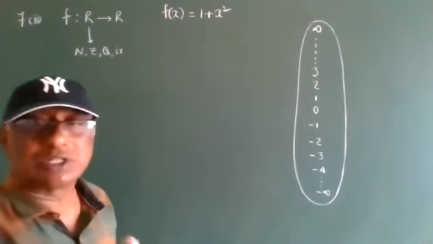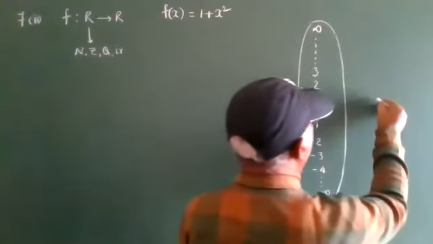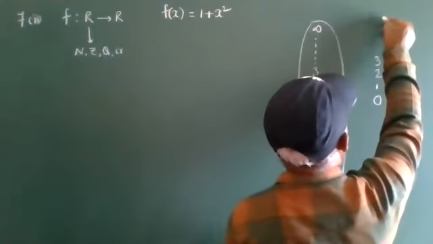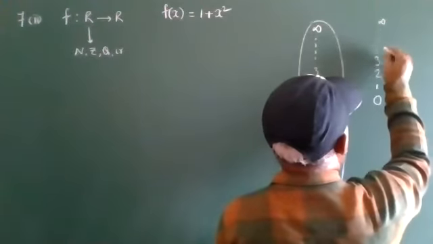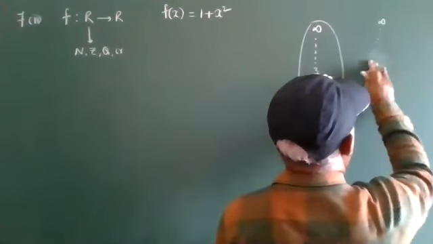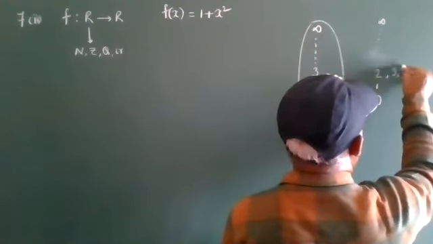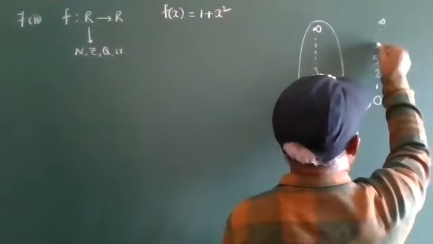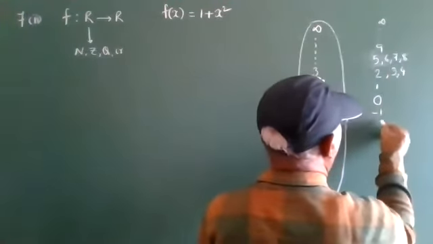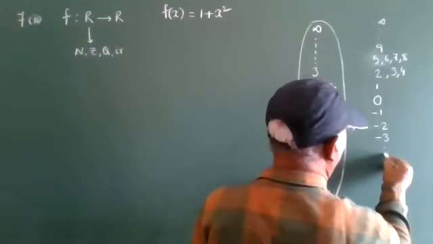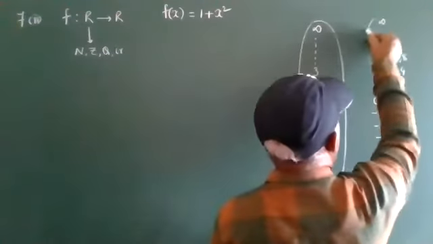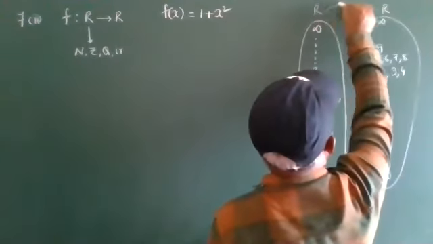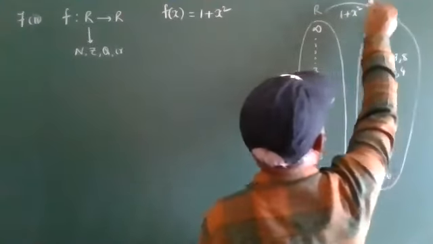Now we also have the codomain: 0, 1, 2, 3 and so on up to plus infinity. It is a codomain R. The second set is R, the first set is also R. Both are defined by 1 plus x square.